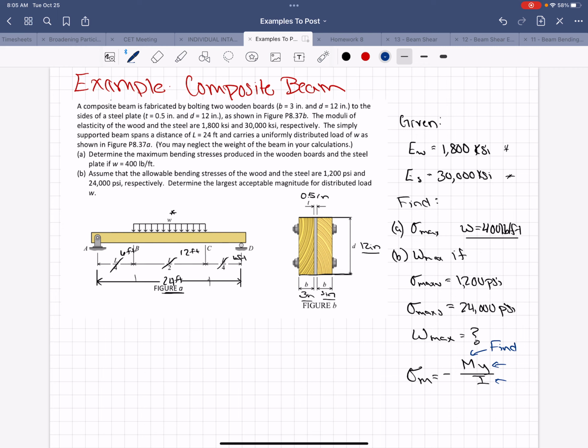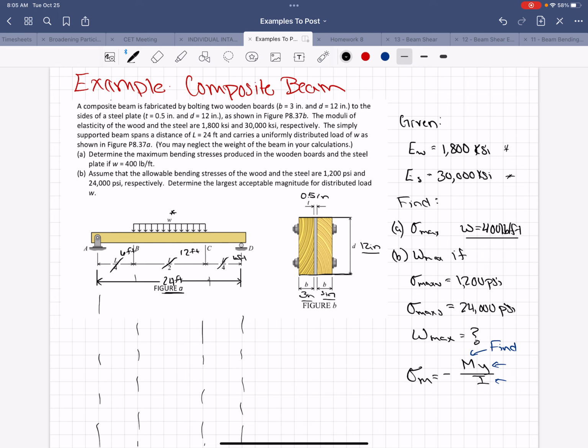But to find M, we get to do a shear moment diagram. So first thing we have to do is solve for the reactions, and then we can draw our shear moment diagram.